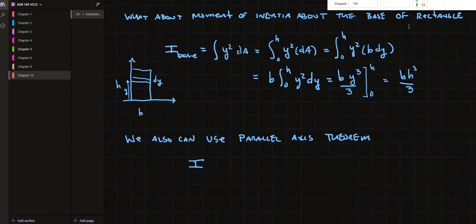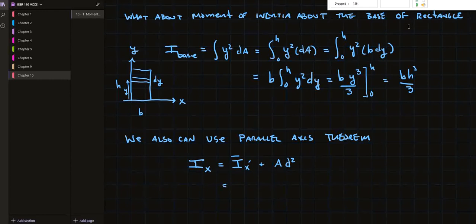So I about the x-axis here, or about any axis, essentially equals the centroidal moment of inertia, or the moment of inertia about the centroid. And so this is not the same x over here. This would be a different x. So it'll be the distance to the centroid plus some area times d squared, the distance to the axis.